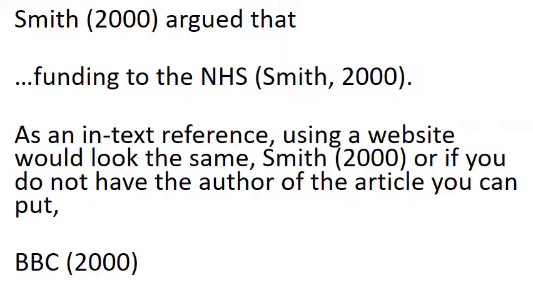So in text it might just look like Smith 2000, so he's written this BBC News article, Smith 2000, but if you don't know the name of the author, it doesn't say on the BBC website, you can put BBC 2000, like at the bottom of the screen there. The in-text reference for websites doesn't really look any different to how it does for books. It's actually in the reference list much later on where there is a big difference.